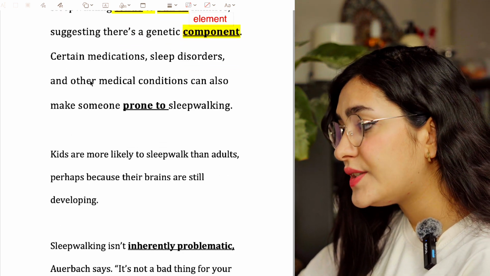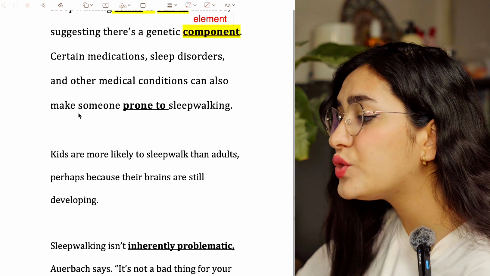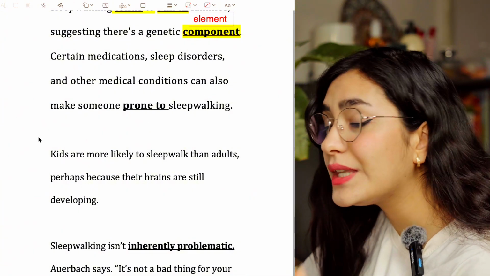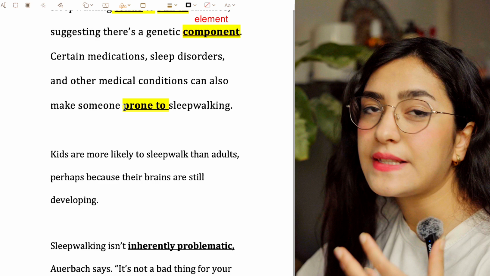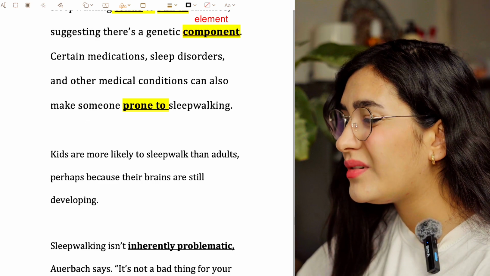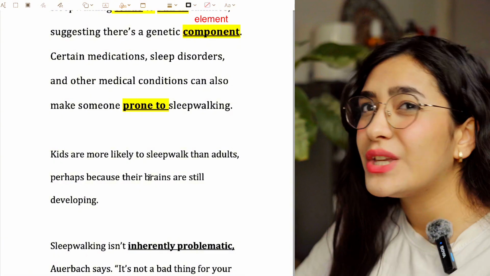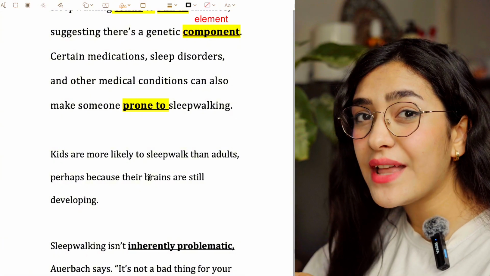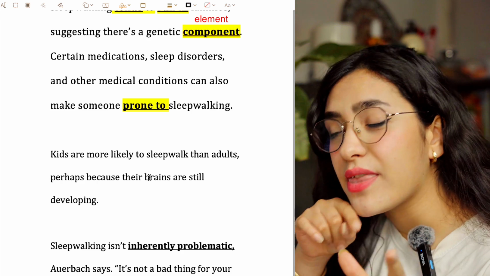Certain medications, sleep disorders, and other medical conditions can also make someone prone to sleepwalking. Prone to means likely to experience something, and it's sometimes undesirable, unwanted. You don't like to experience that thing, but you are likely to experience that.